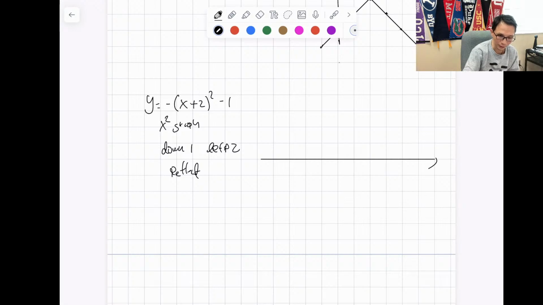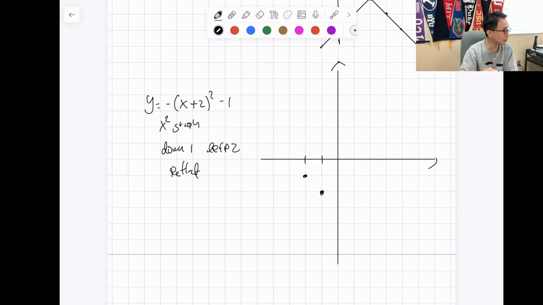So I'm going to graph it. I'm only going to move the vertex. It moves left 2 units, down 1 unit, so it's right here. Now it doesn't look like a V shape. It has to look exactly like a parabola with the exact coordinates. If you plug in 0 for x squared, it's 0. If you plug in 1, it's 1, but it's facing down, so it goes this way.